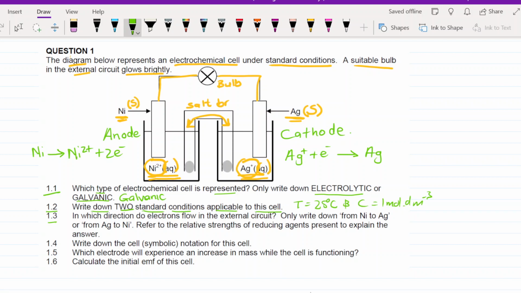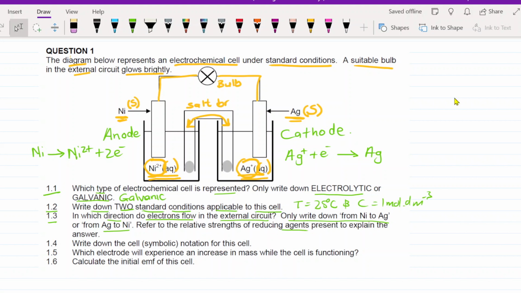1.3, in which direction do electrons flow in the external circuit? Only write down from nickel to silver or from silver to nickel. Refer to the relative strengths of reducing agents present to explain the answer.